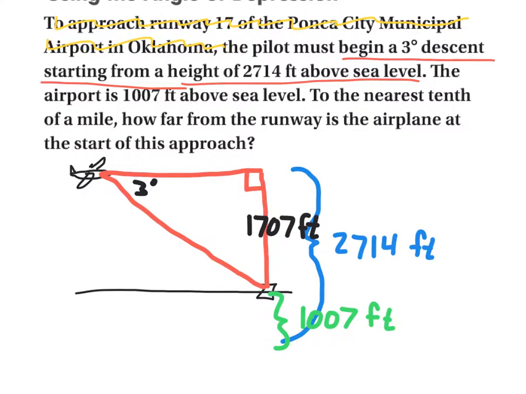This plane is at, say, 20,000 feet, but how many miles away from the airport is it? They're asking for that horizontal distance to the airport. They call that the ground distance.